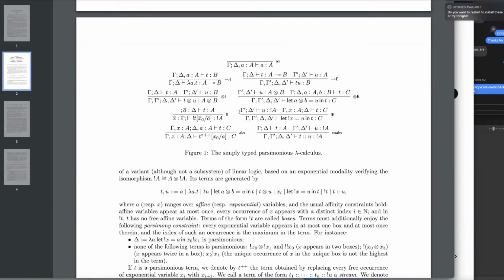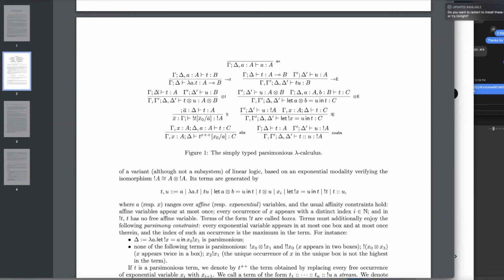Is this a connection to intersection types? Yes and no. I mean, we're not forming an intersection, right? We're forming a tensor, so the resources are not shared. That's the whole point of separating the gamma and the delta.